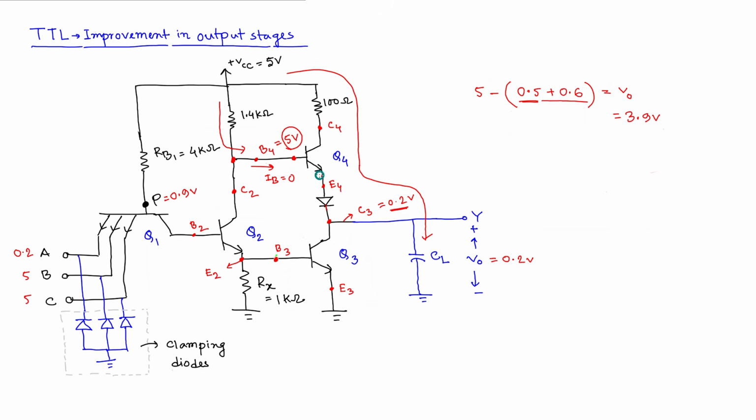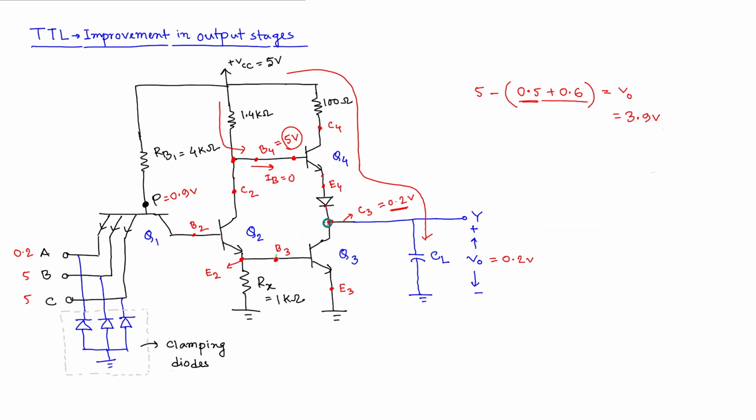This junction will not get forward biased because it is getting 0.6, not enough to turn on, and B4 is at the maximum voltage it can be, so that this current is 0, 5 volt. So 5 minus this reduction of voltages, then finally we get the maximum amount of voltage up to which the capacitor can get charged.